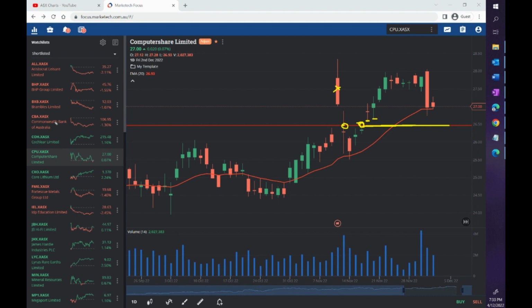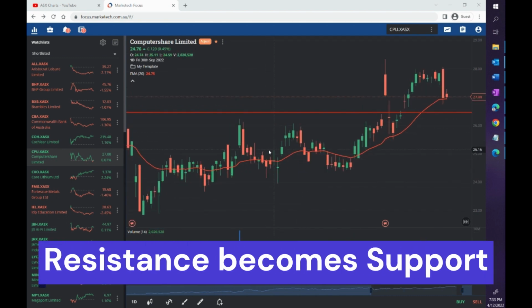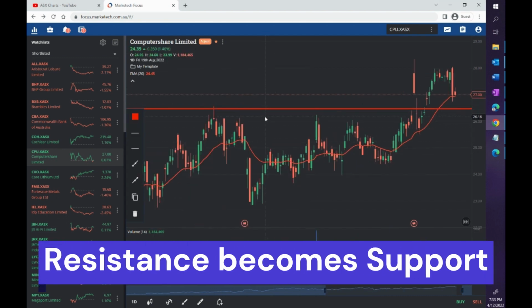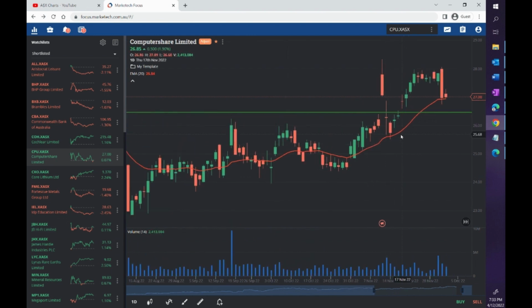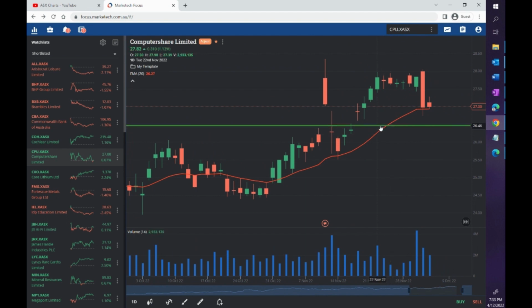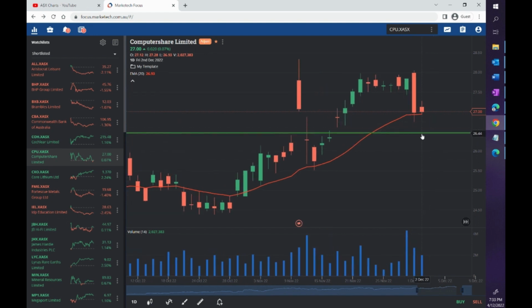So in terms of the immediate context, this red line which I had as a resistance so far becomes an immediate support. I'll just change that to green, because this is now a support for me. Unless it falls below this new support line, we know that it is still in an upward move only.